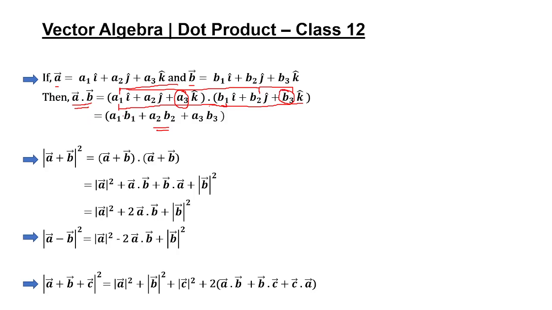So finally we get the dot product is A1B1 plus A2B2 plus A3B3. Means this is the multiplication of coefficients of I plus multiplication of coefficients of J plus multiplication of coefficients of K.